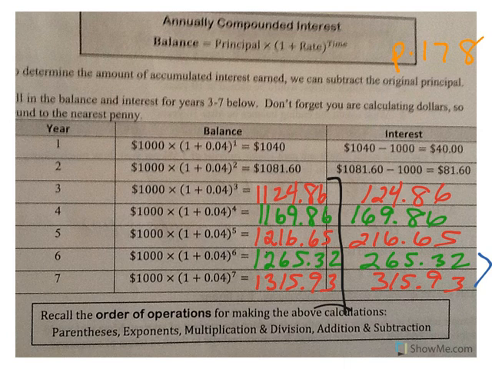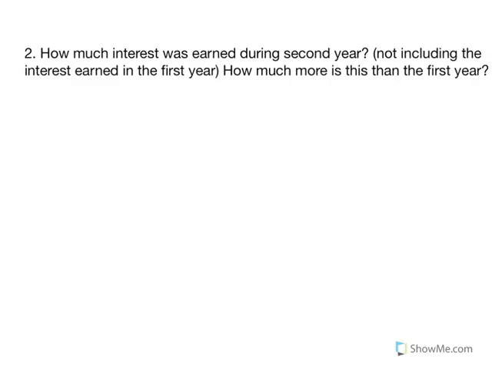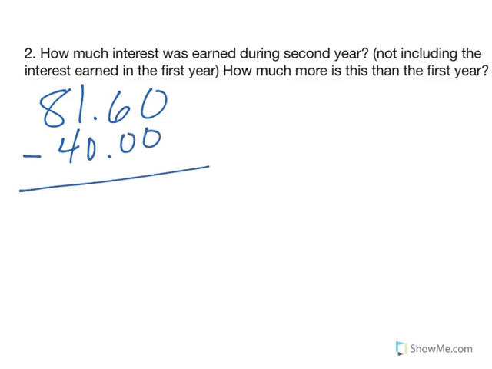If you go back to this table, when you look at the interest column, these totals are interest totaled up to that point. So if we want to find the interest that was only earned in year 2, we will take our total for year 2 and subtract all of the interest previously. So we would say, well, we earned $81.60 in total interest through year 2, but let's take away the $40 from year 1. And that means in year 2, we earned $41.60, right?